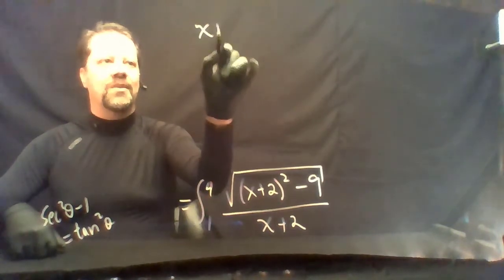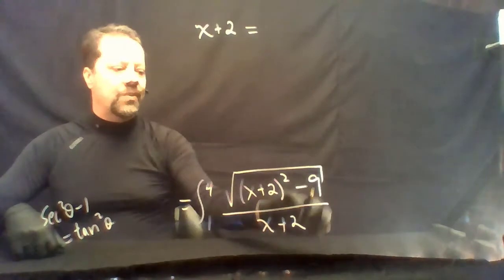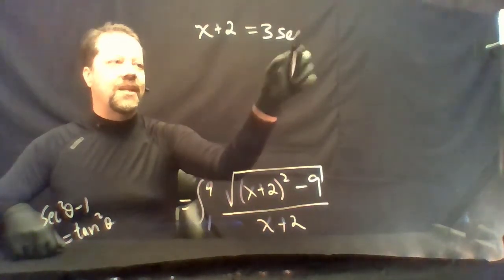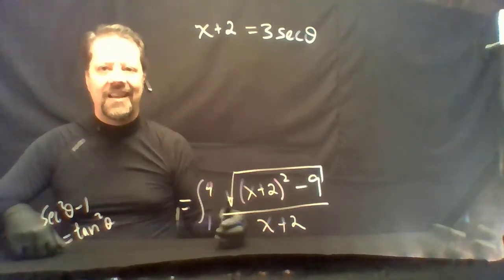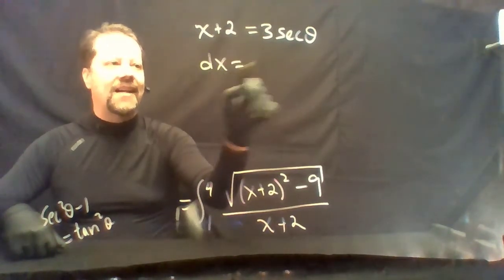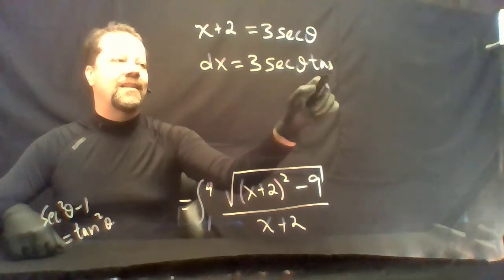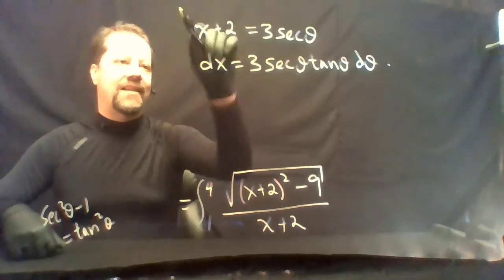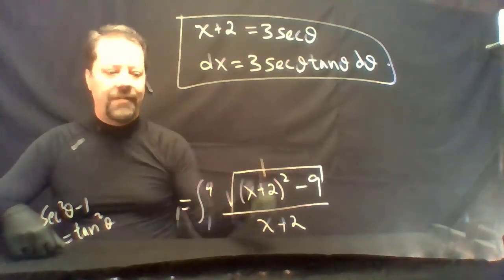That's going to be x plus 2. No absolute values on this. Equals the square root of the constant times the trig substitution, which in this form must be secant theta. Dx is then 3 secant theta tangent theta d theta. So this gives you our substitution information.